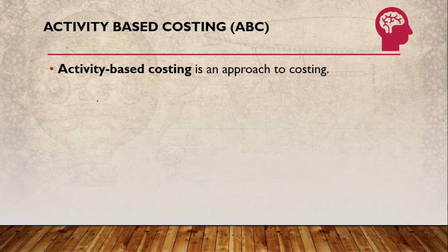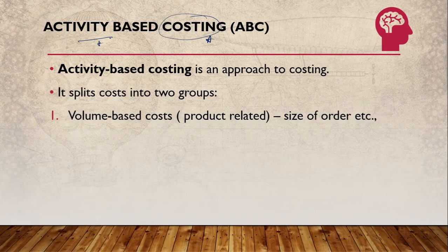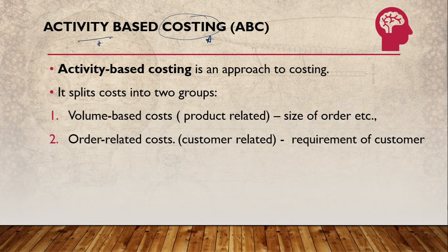Then coming to the actual activity based costing. First we have understood what are the different costs. Now we'll be understanding what are the activities that are actually leading to cost. This can be identified into two groups. One is the volume based group, that's the product related, and the second is the order related, that's the customer related.